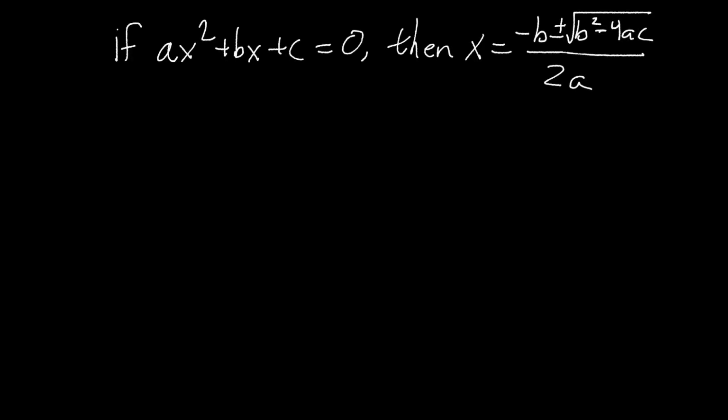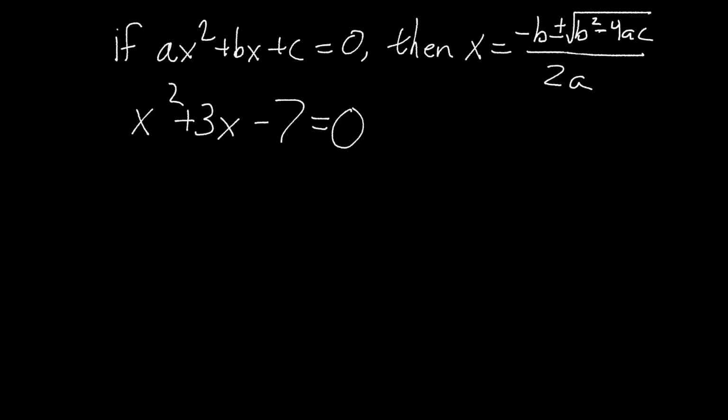So, we are going to do 2 examples using the quadratic formula. Let's get started with our first example. We have x squared plus 3x minus 7. And while you might not see this, we're going to be told to solve, so we're going to say that it is equal to 0.